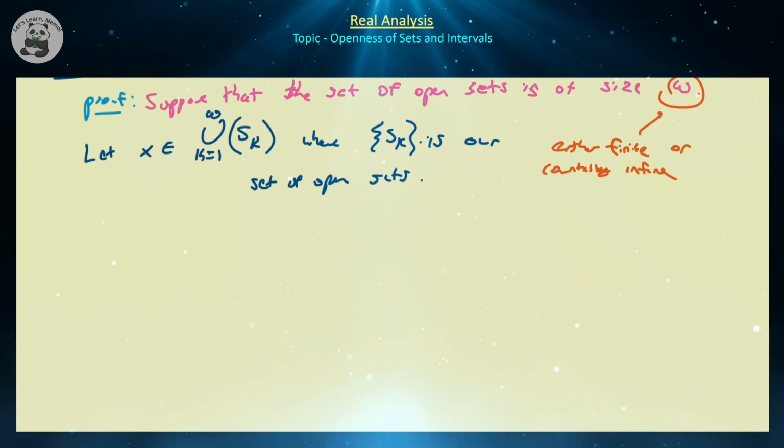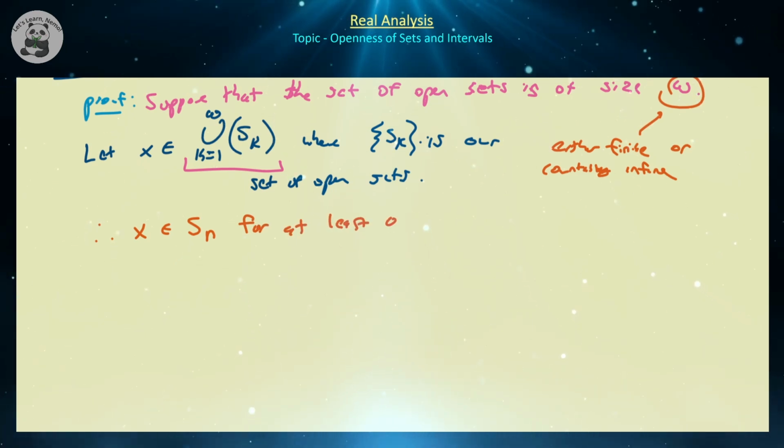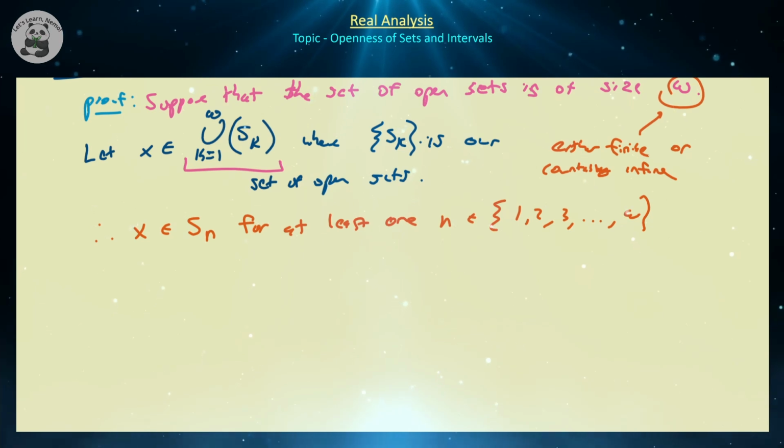So if x is in the union of these sets, then where does x belong exactly? If it's in the union, that means x is an element of Sn for at least one n within the set 1, 2, 3, down to omega, which is practically our indexing set where we're indexing this particular union.